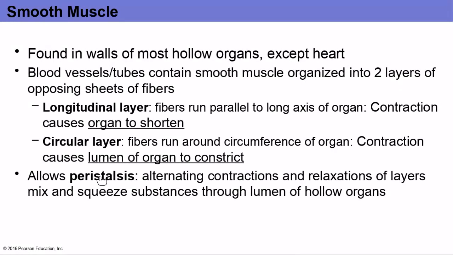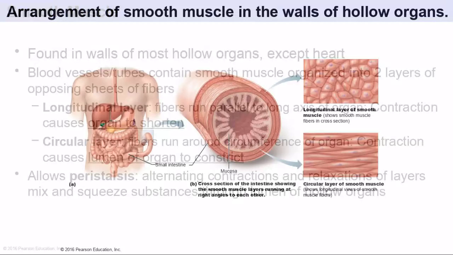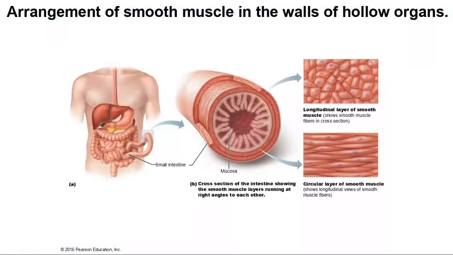The esophagus is really good at this. After we swallow our food, the two muscle layers of the esophagus alternately contract, and this helps propel the food down to the rest of the digestive tract. You should know that that's called peristalsis.